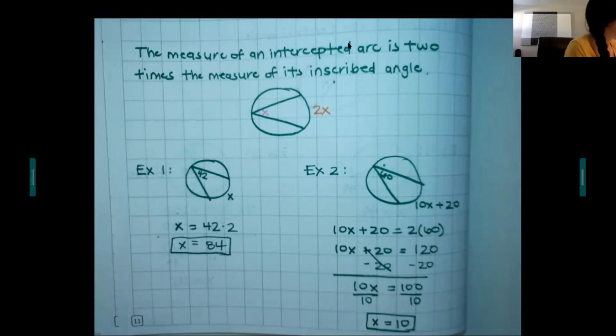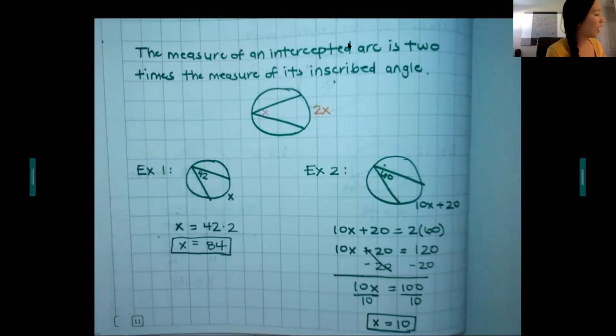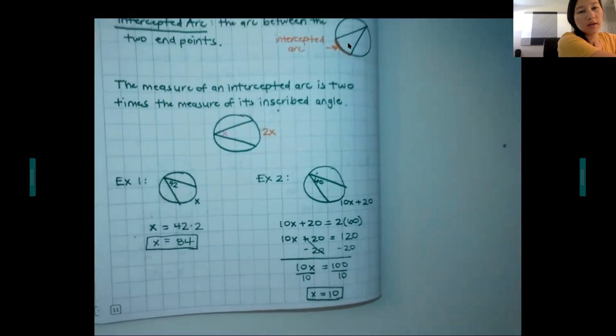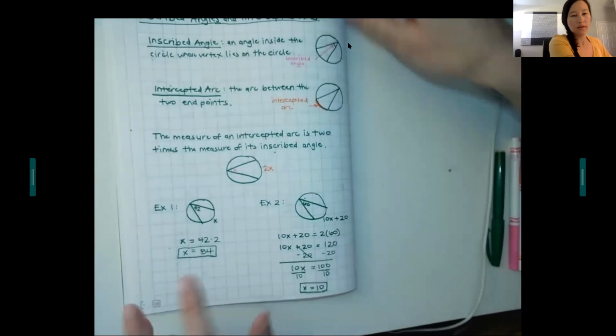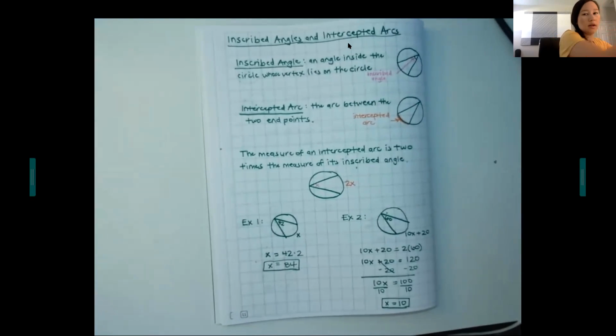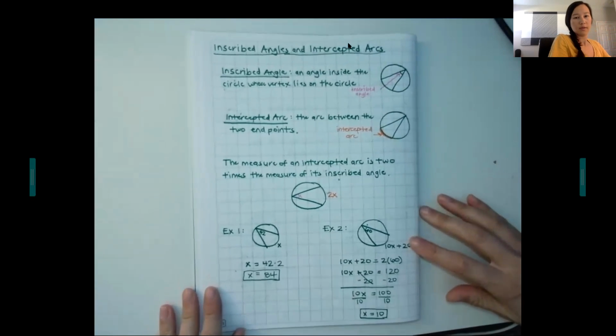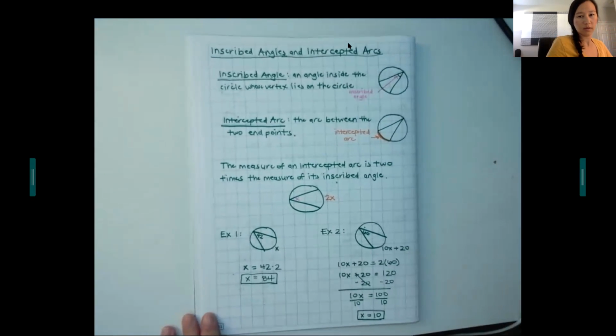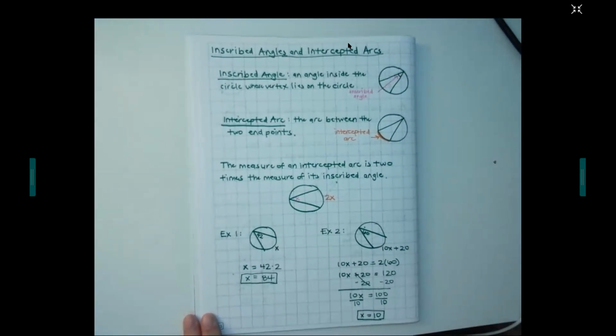And then once you're finished copying these, go ahead and open up your workbook to page 35. Okay, here you go, Jose. Thank you. Okay, you're welcome.